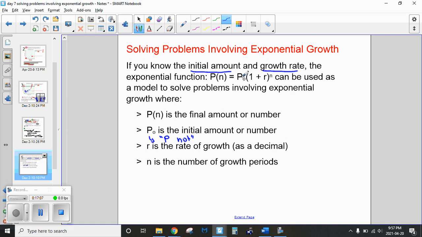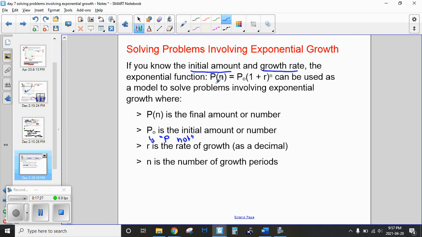All right, so here again we have 1 plus a number. The r in that equation is the rate of growth written as a decimal. The P naught is the initial amount or the starting value. P at n is that same quantity, whatever it happens to be.